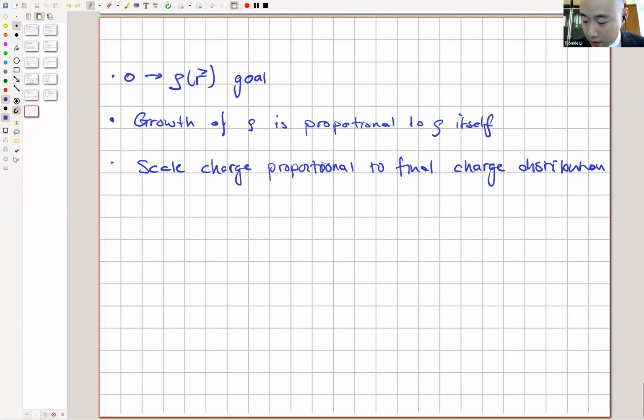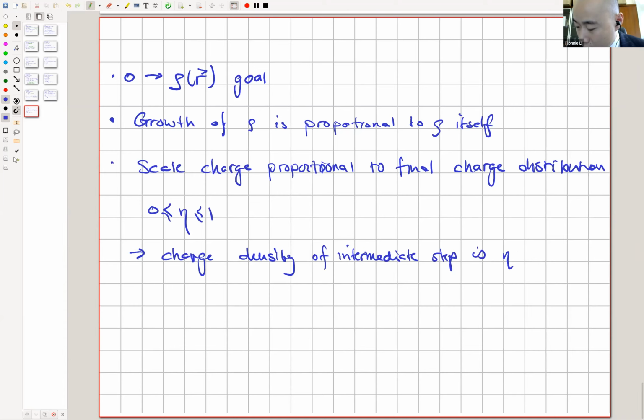In order to do that, I introduce a parameter, eta, that goes from 0 to 1, in such a way that the charge density of an intermediate step is eta rho.